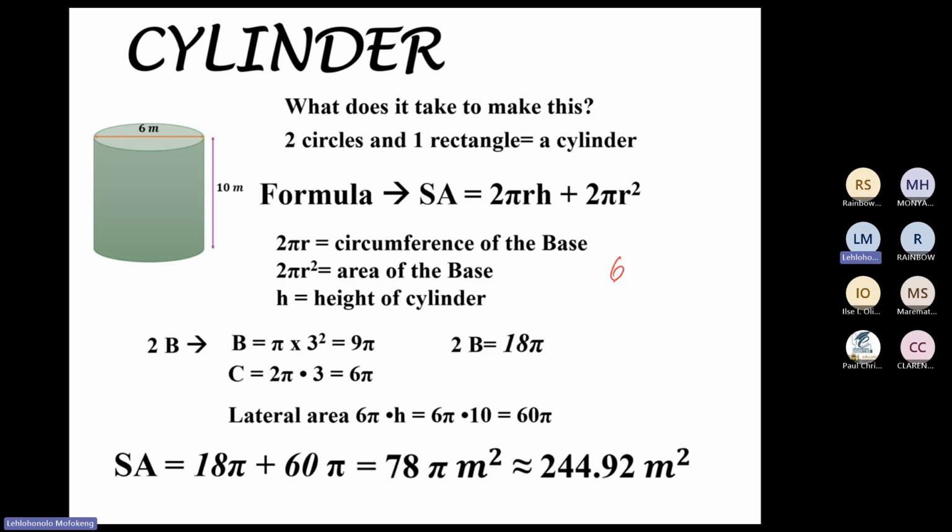Half of 6 will be 3. So this 3 will be this 3, and then we will have the circumference as 6 pi. Therefore, the area will be 6 pi h, which will be 6 times 10, and this side will be 18 pi. So you add it, and then you get the total surface area.